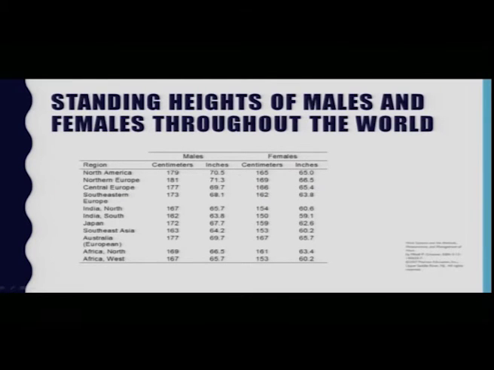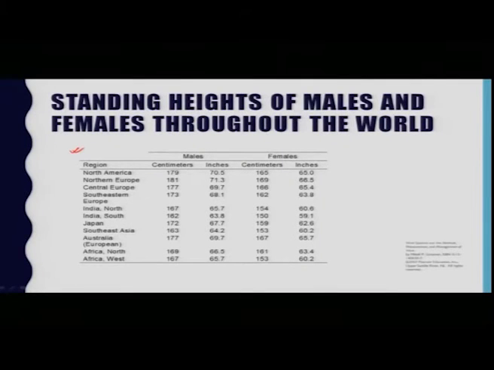So, now there is a table that I have taken from the MP Groover book that will give you the standing heights of males and females throughout the world. That is very interesting data that you can check here: a table of male and female heights with a region discrimination.